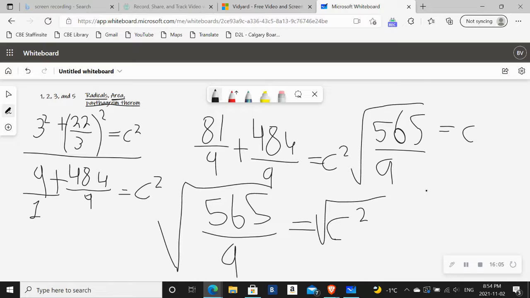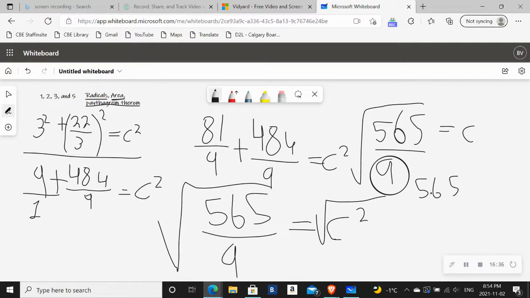And what we do is, 565, that's fine, that's rational. What isn't rational is this 9 down here, since it's in a whole square root, and we know that the denominator has to be rational. So what we can do is square root the 9 and just leave 565 alone.